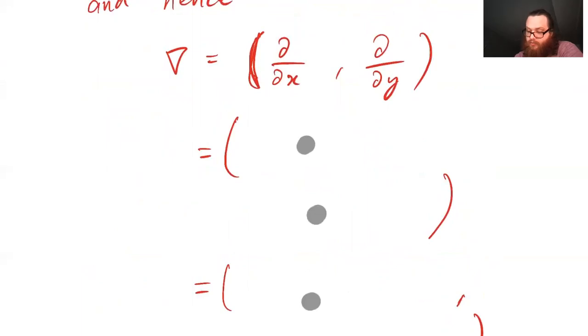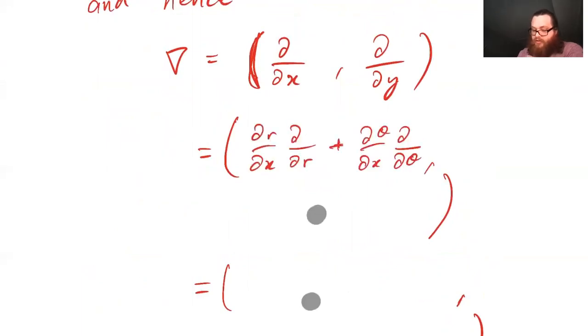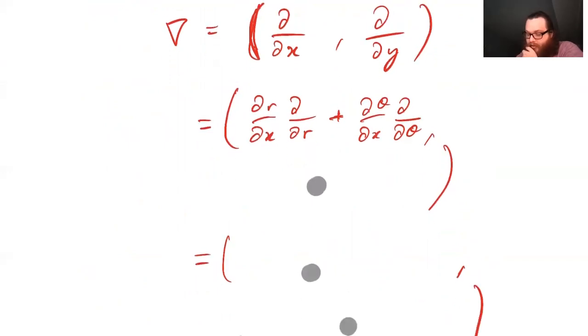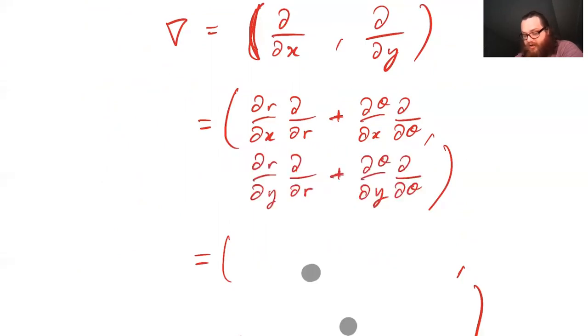So what do you get? Well, d/dx, from the derivation above, takes this form. For d/dy you get pretty much the exact same thing, except you care about how r varies with respect to y and how theta varies with respect to y.